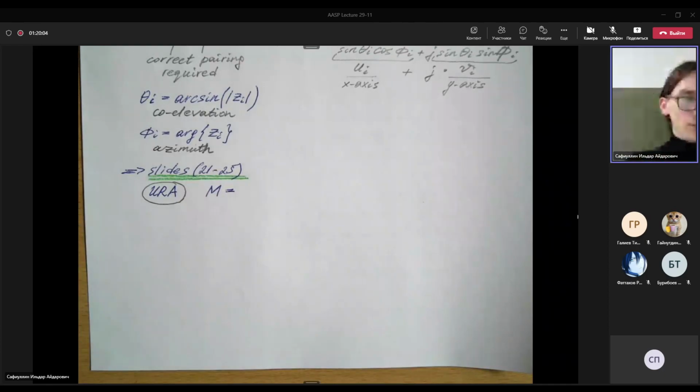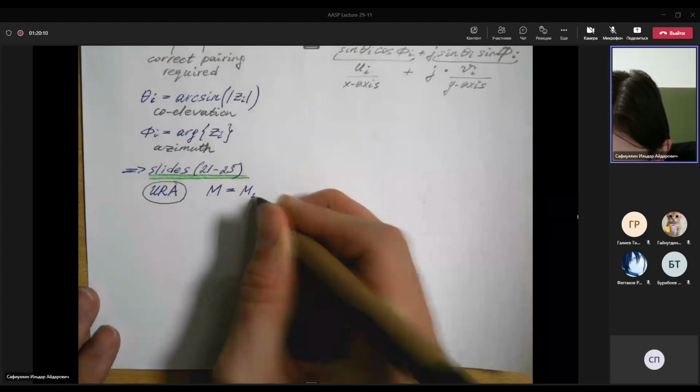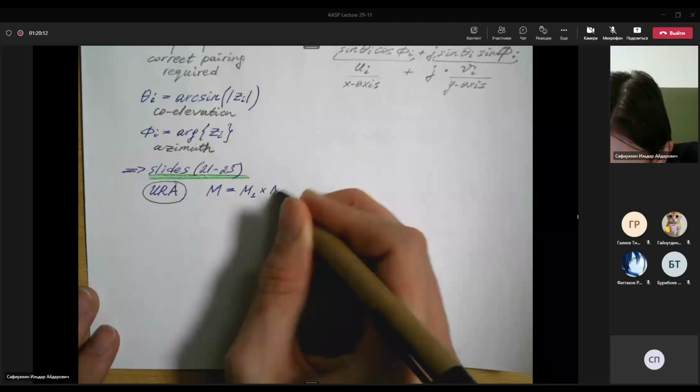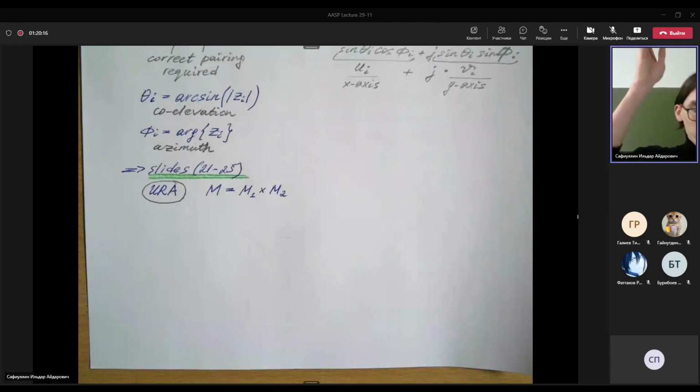We can find this overall number of elements as m1 times m2, where m1 is the number of elements for the x-axis and m2 the number of elements for the y-axis. In this case, it is 4 times 4.